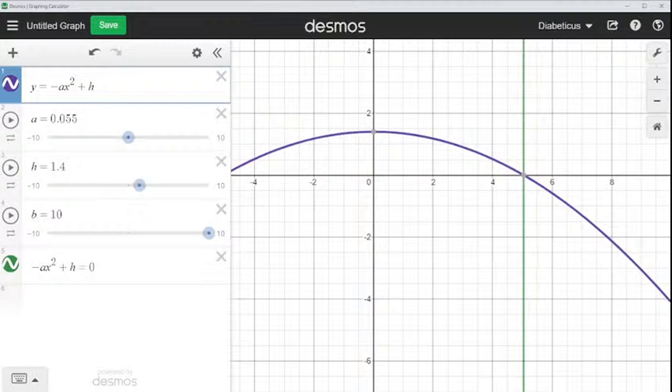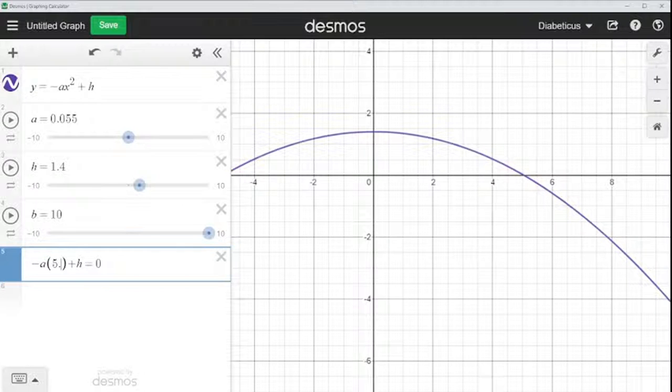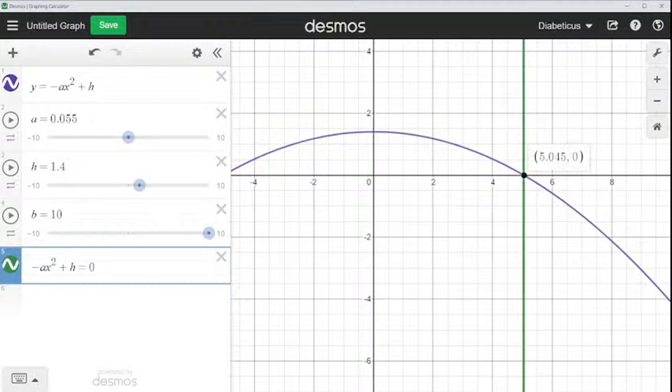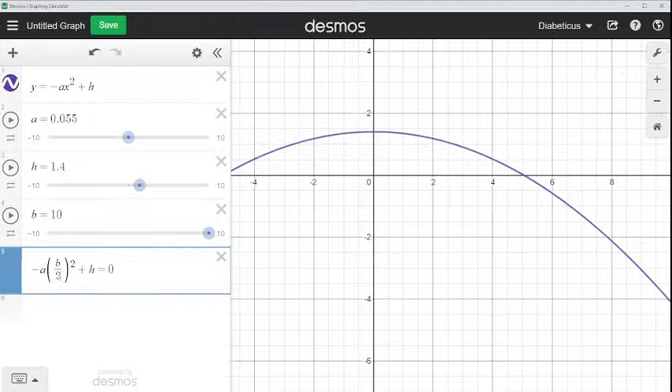If I plug in, let me just test this out, 5.045 squared, it's gonna be a 0, right? Okay. And this 5.045 is just half the base. Therefore, replace x with b over 2. Got it? Okay. And we solve... Okay, what do you have? We express a in terms of b and h, right? Okay, well, let's do that.